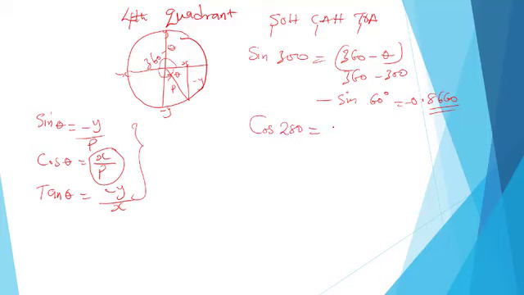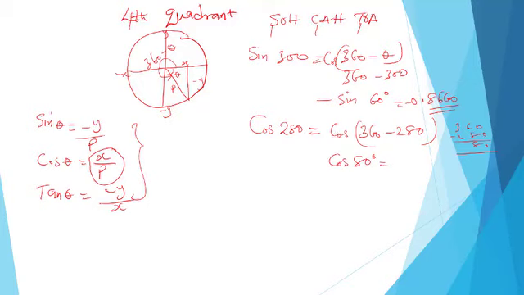If you want to consider that of cosine, let's say cos 280, cos 280 will be the cosine of 360 minus 280. So 360 minus 280 is 80. So we'll now have cos 80 degrees.